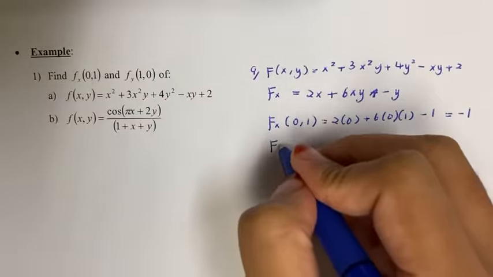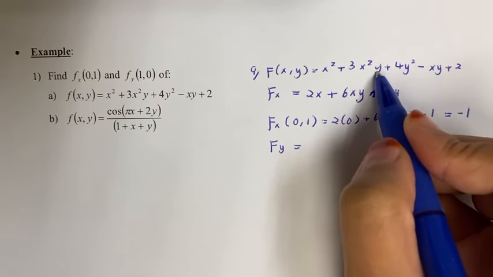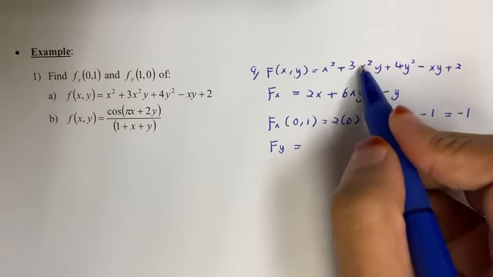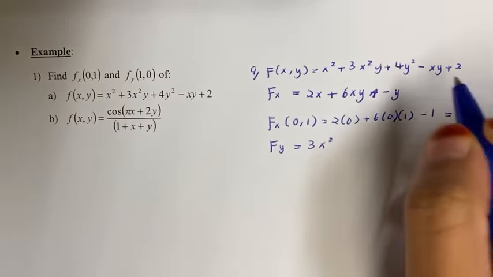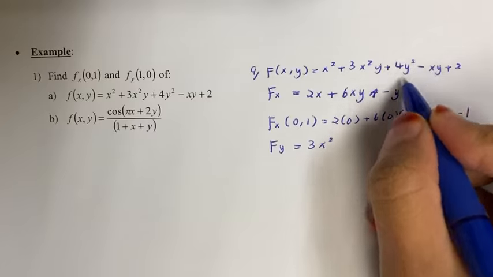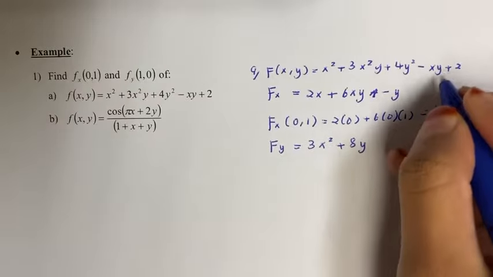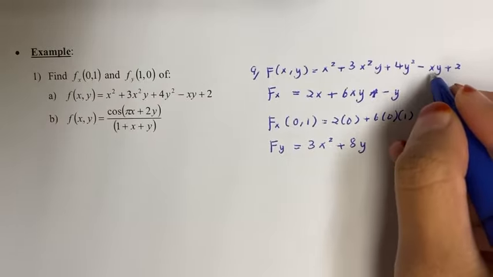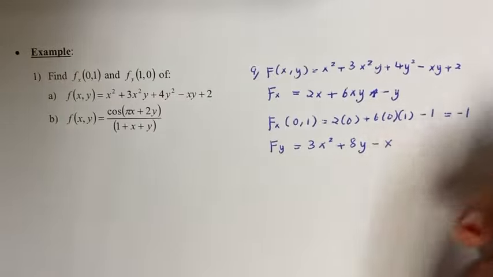Next, we have fy. For x square, no y here, so this is 0. For this one, differentiate y, it becomes 1, multiplied by 3x square since this is constant. So you have 3x square plus differentiate 4y square, you have 8y, minus differentiate xy, you have minus x.